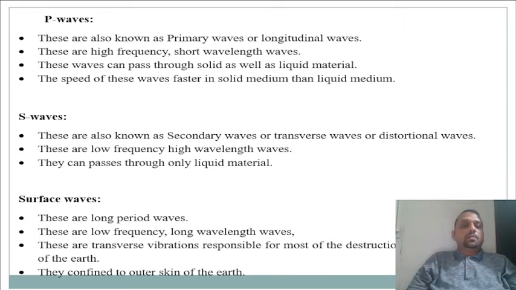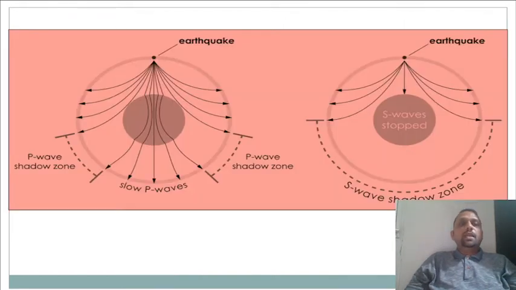Okay, so next, this diagram is well elaborated. Here, this is what we call the epicenter, the point on the Earth's surface where we feel the earthquake. From this, the tremors originate and pass like this. Actually they pass in a zigzag manner, but this diagram shows straight or curved lines only.